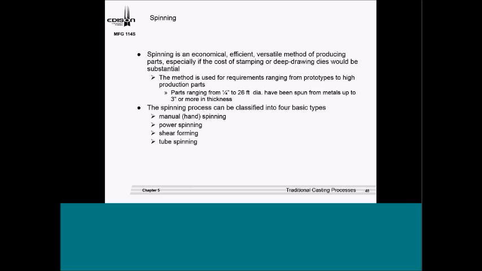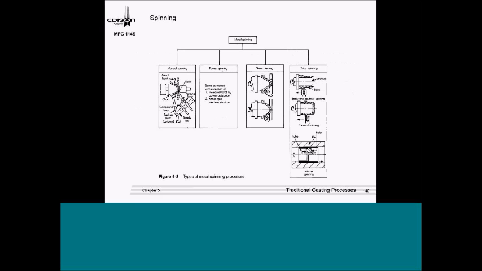I'll show you a little bit of that one. Then power spinning, shear forming, and tube spinning. We're looking at some of the processes: the power, the manual, the shear, and the tube. We have videos, and YouTube has these, so it's pretty informative when we look at these various processes.